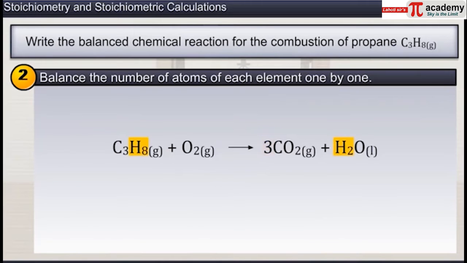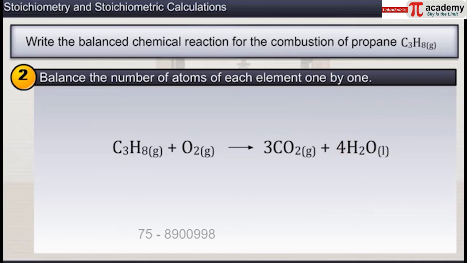Now let's work on the hydrogen atoms. There are 8 atoms on the left side and 2 on the right side. So, we can multiply H2O by 4. This means that 4 molecules of water will give us 8 hydrogen atoms.